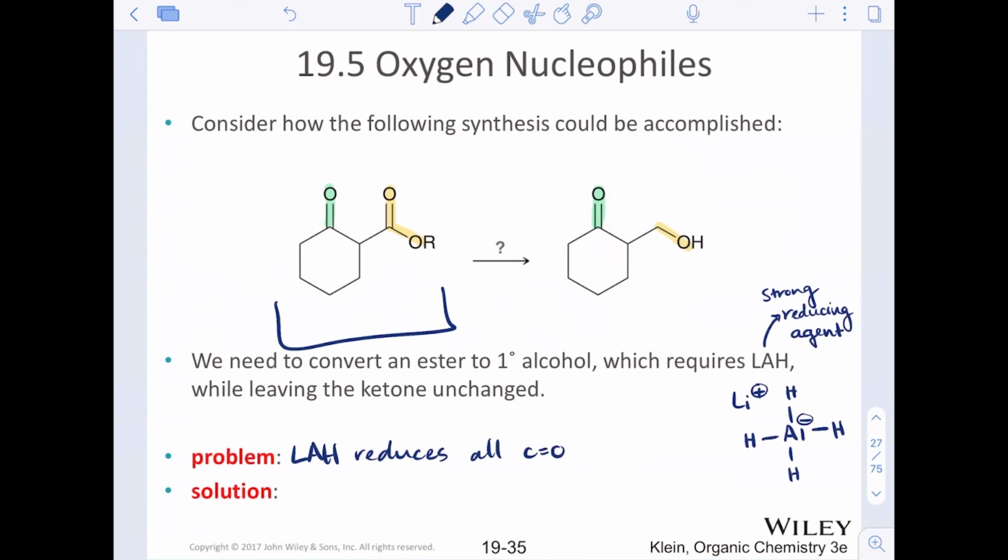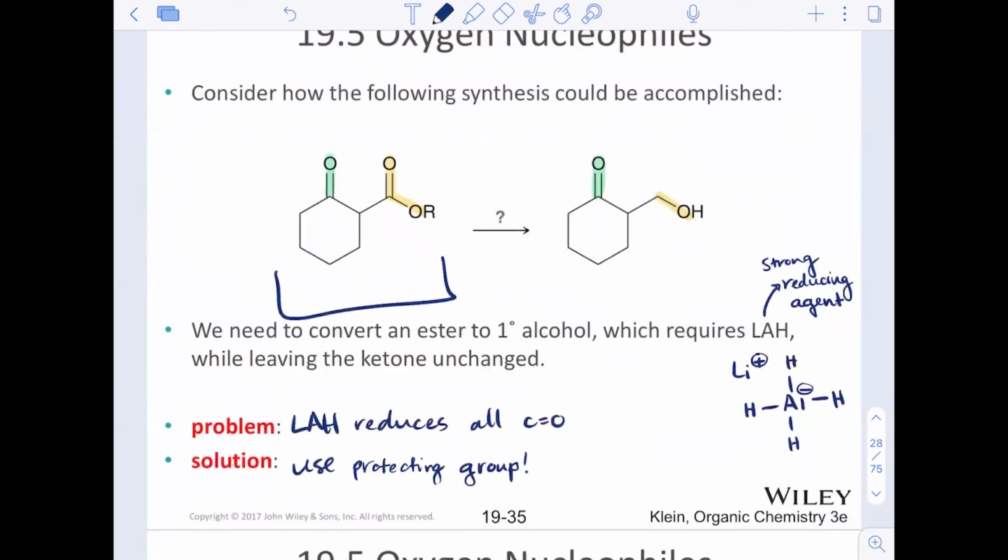Well, you can't unless you use a protecting group to actually stop the ketone from reacting. All right, so we protect the ketone by making it first an acetal. Then we will use lithium aluminum hydride, and then we will deprotect. Let's look at that setup.